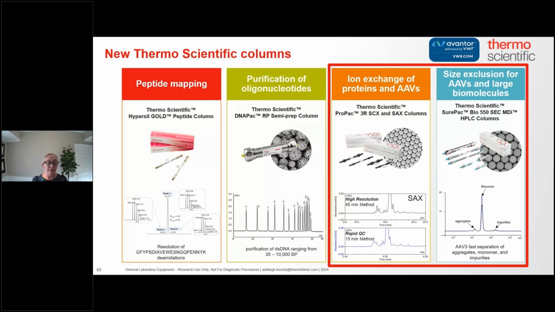Now we offer it in the larger semi-prep column format, a 21.2 millimeter ID. So when you move from analytical to characterization, you're able to scale seamlessly between the different column formats, from analytical to semi-prep, and fractionate your nucleic acids and do further characterization utilizing this larger semi-prep column.